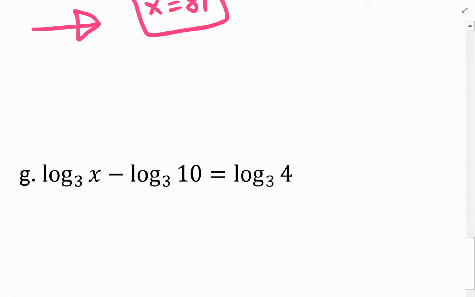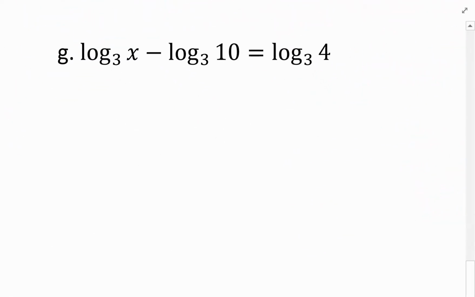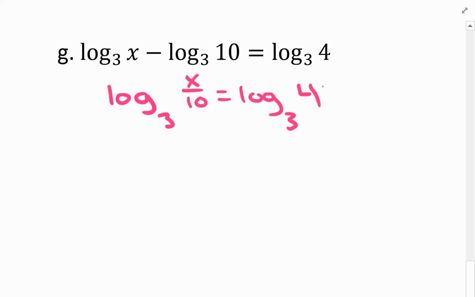Next, we need to combine logs. So we have log base 3 of log minus a log. Remember, subtracting goes with dividing. First thing over second thing. Log minus log is log of the first thing over the second thing. Now I have log on both sides and I can cancel. Log on both sides is my favorite.